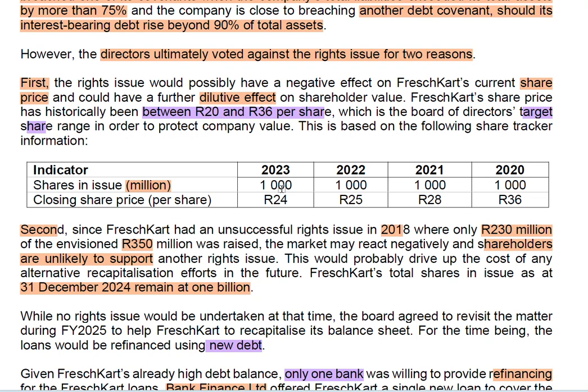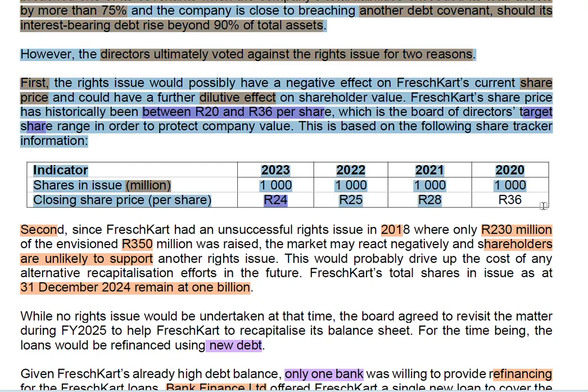And the number of shares they have outstanding is 1 billion. Then if you're looking at the closing share price, it's continuously declining from 36 in 2020, and if you're looking at 2023, it's sitting at 24.